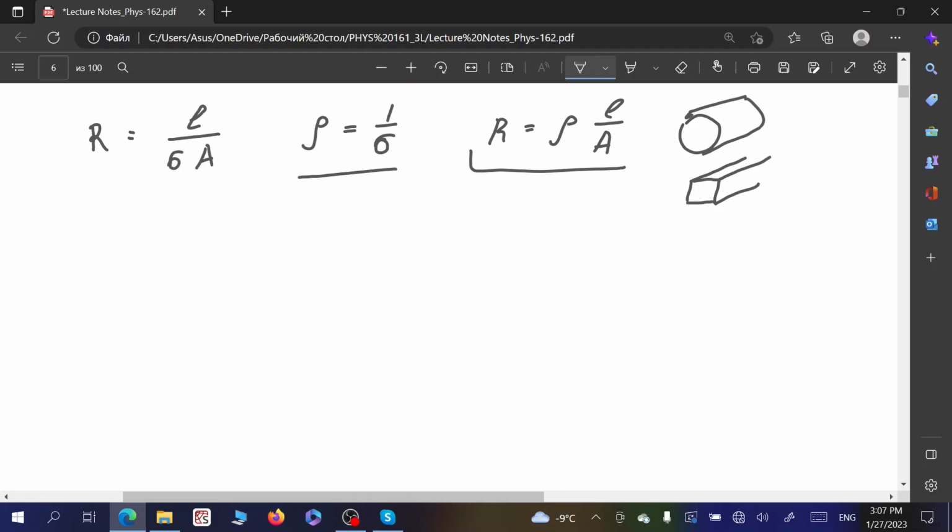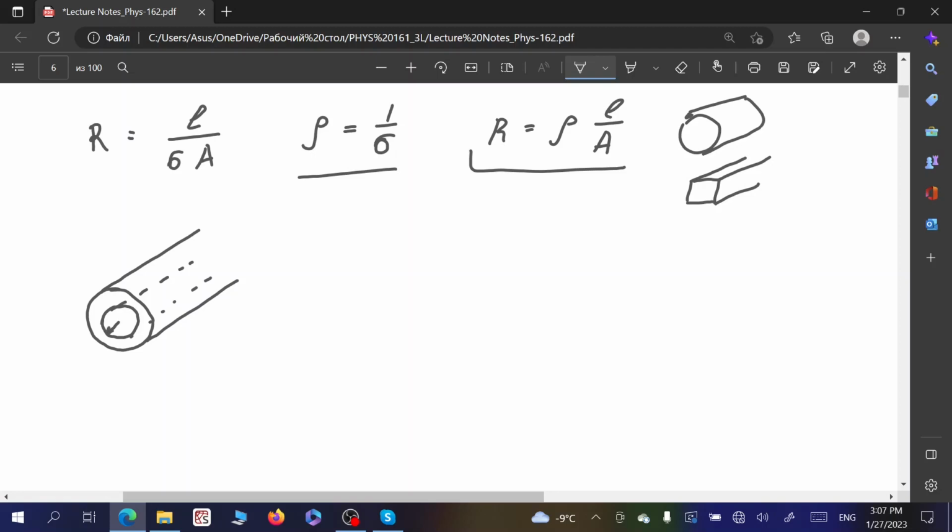However, what if we need to determine the electrical resistance of a bit more specific case? So let us consider one example before we move further with our discussion. Let us try to calculate the electrical resistance of a hollow cylinder. That is our internal empty part of the cylinder.